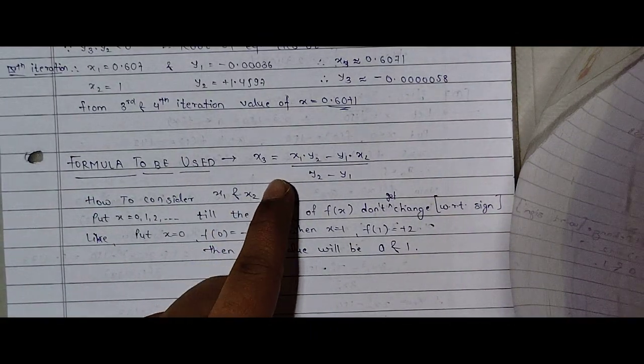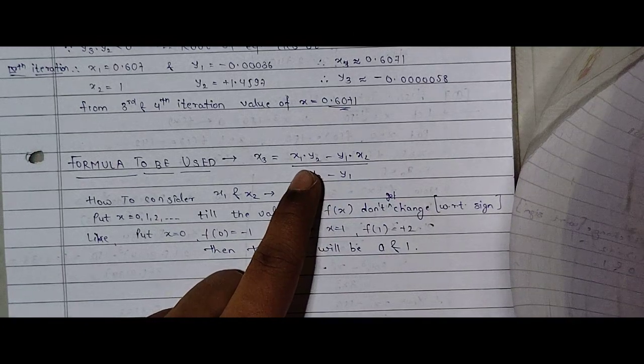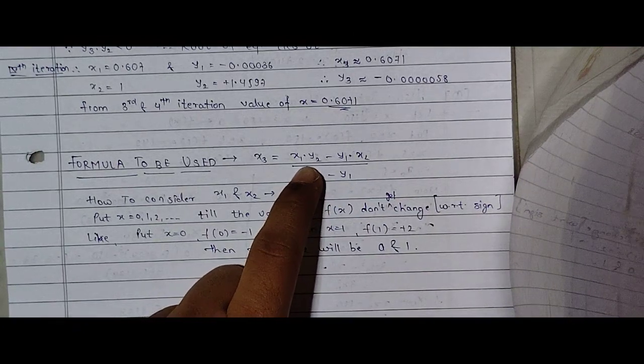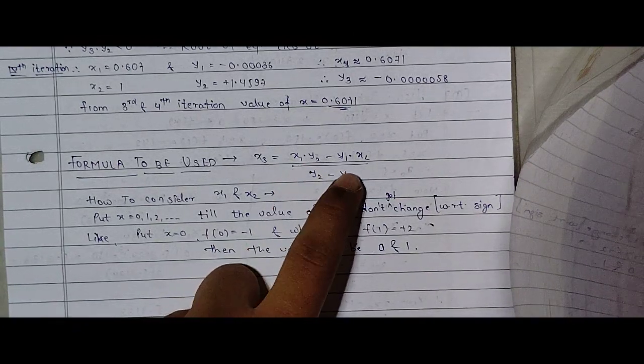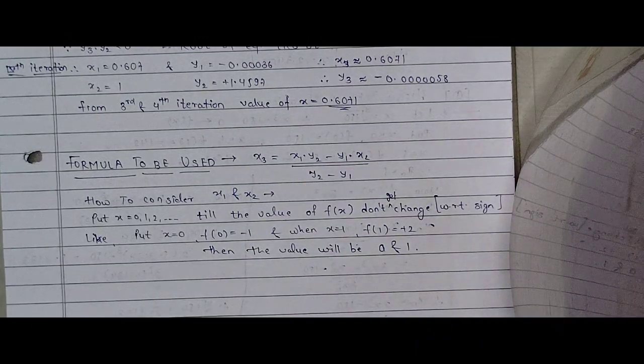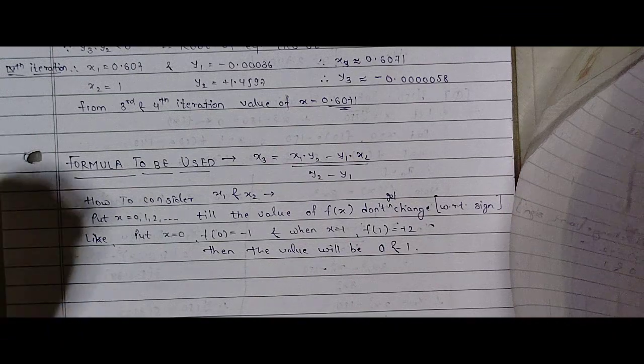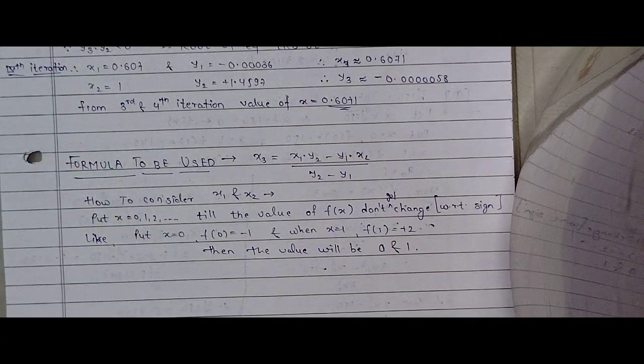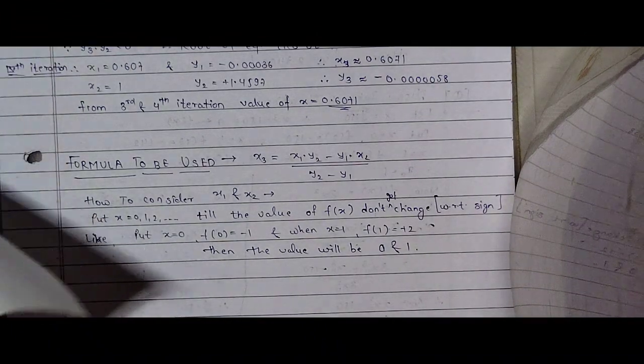As you can see in the formula, we have to calculate the values of x1, x2, y1 and y2. So how will you decide which value to consider as x1 or x2? For that you have been given an equation. I will explain it on this page.